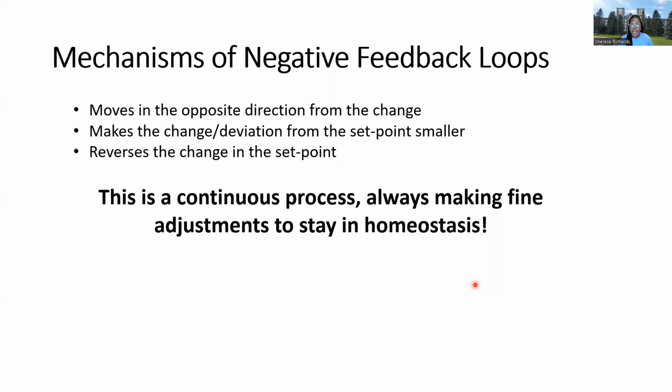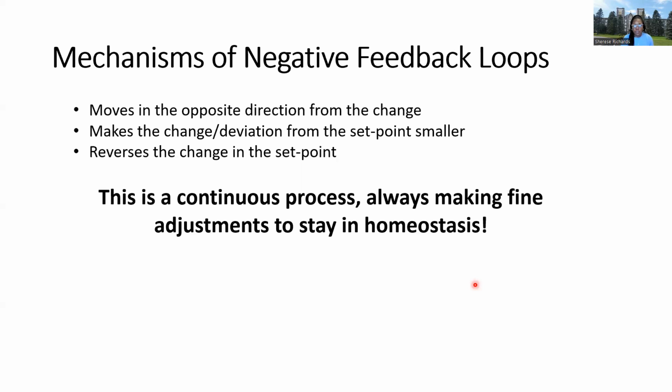If the change was that the speed decreased, a negative feedback is to bring about a change that results in the speed increasing. It's going to correct the change that deviated from the set point initially. In other words, it's going to reverse that change and bring us back to the set point value.